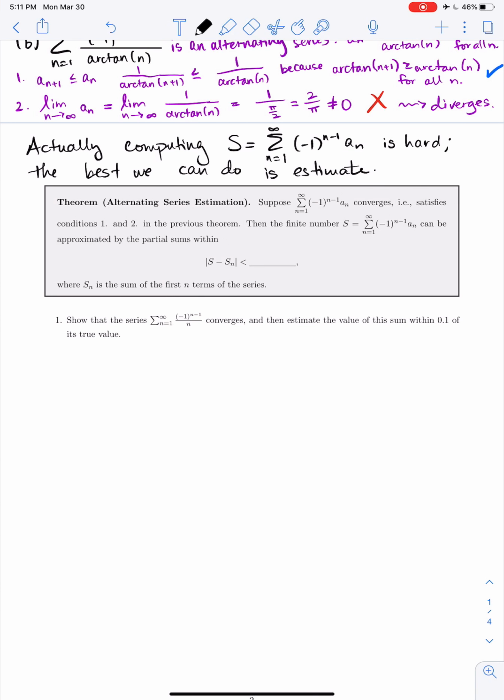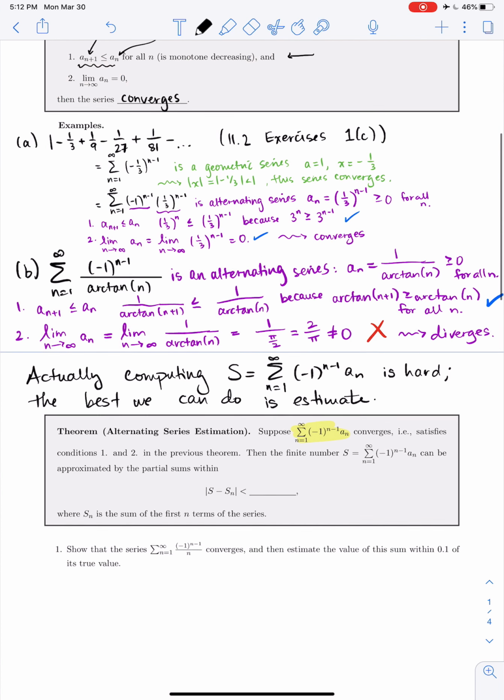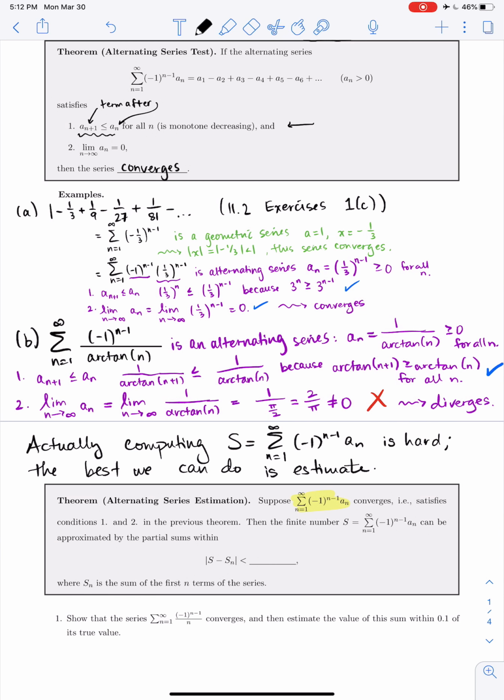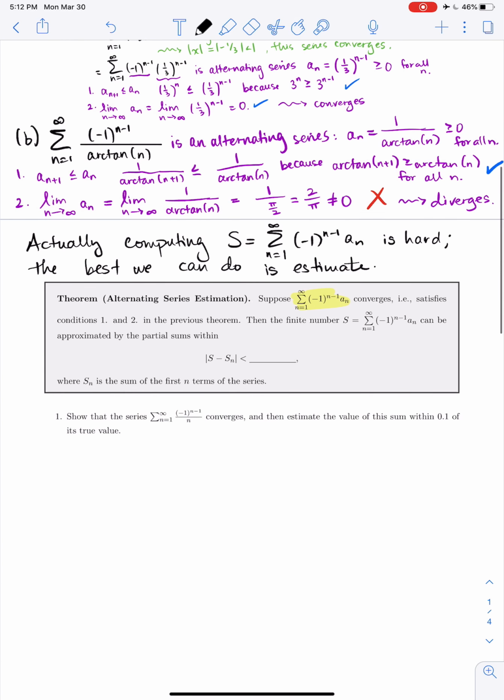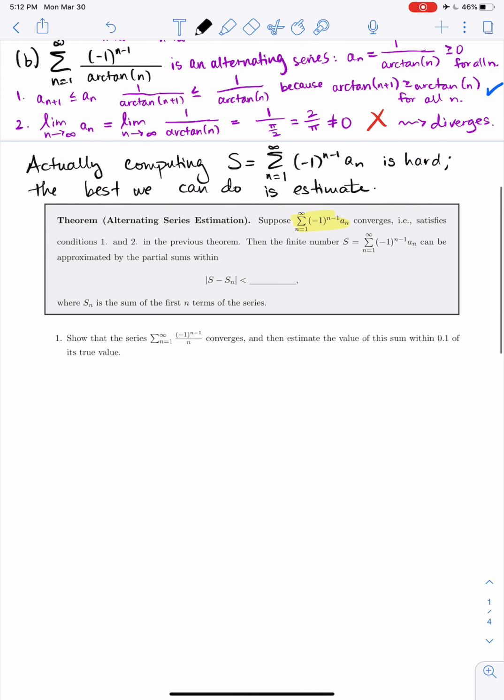Okay, so if you have an alternating series and you know that it converges, in other words, it satisfied properties 1 and 2 of the alternating series test, then this value S that it converges to, it's hard to find, but we can approximate it using the partial sums, S sub n, within some degree of accuracy.